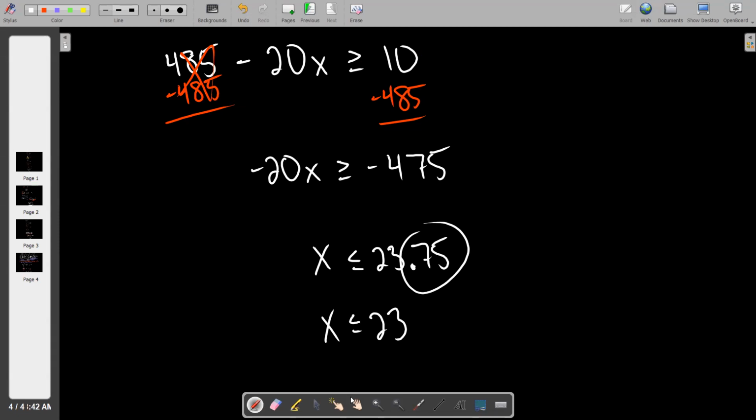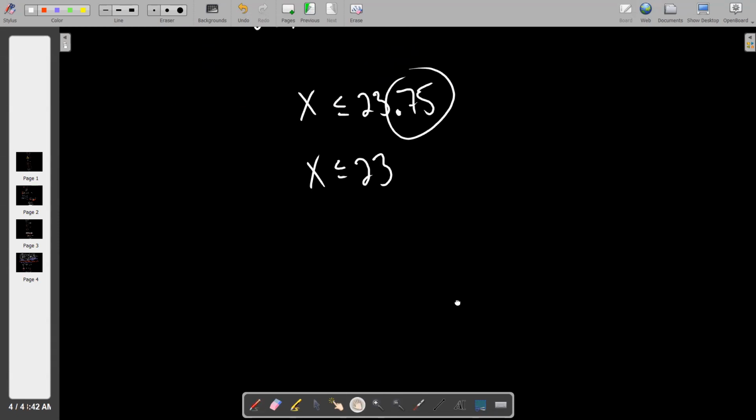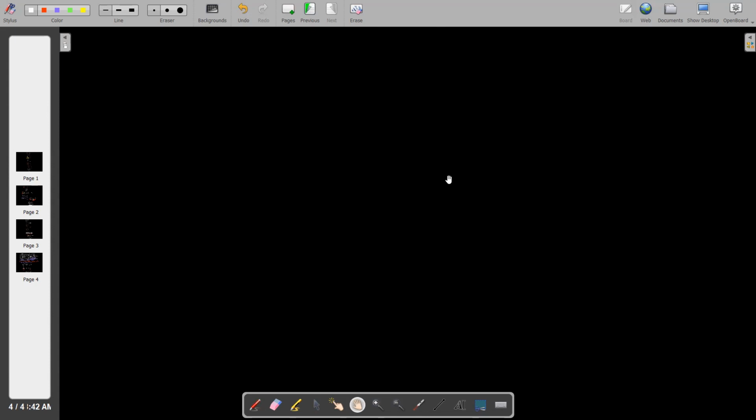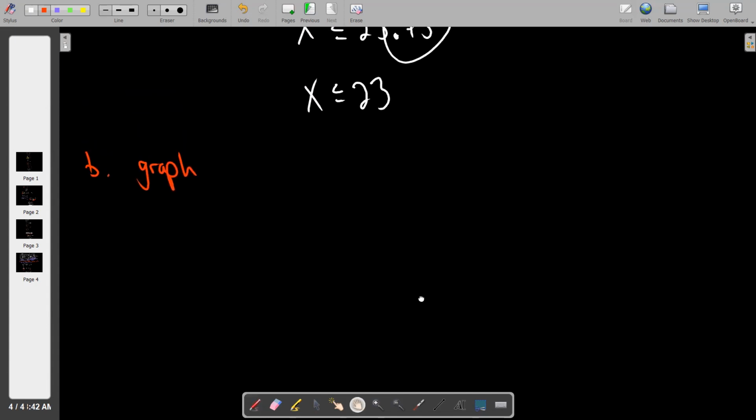So part B on this question, I told you this was a 3-part question. All of what we just did was part A. Part B is the graph. And so we're simply going to make a graph of x is less than or equal to 23. Color in the circle, shade to the left. And you know what?